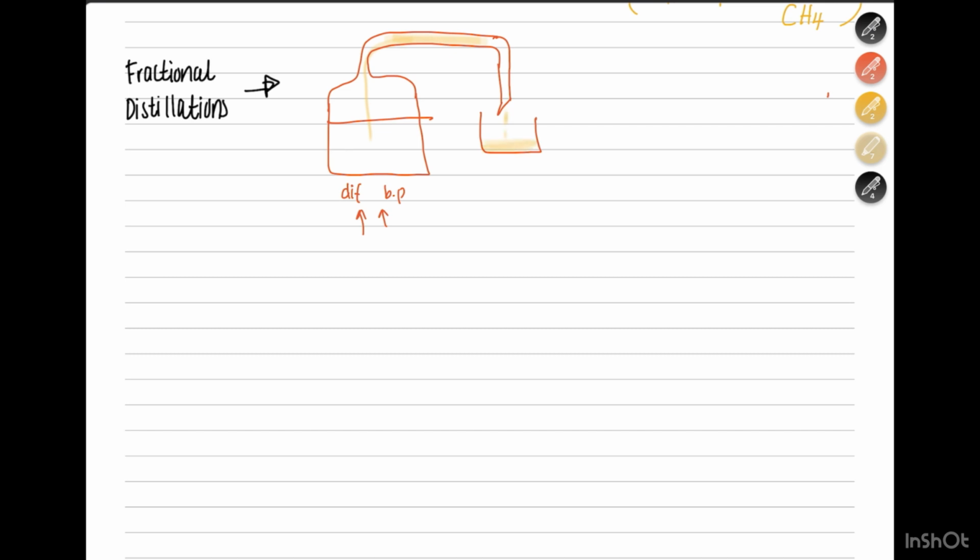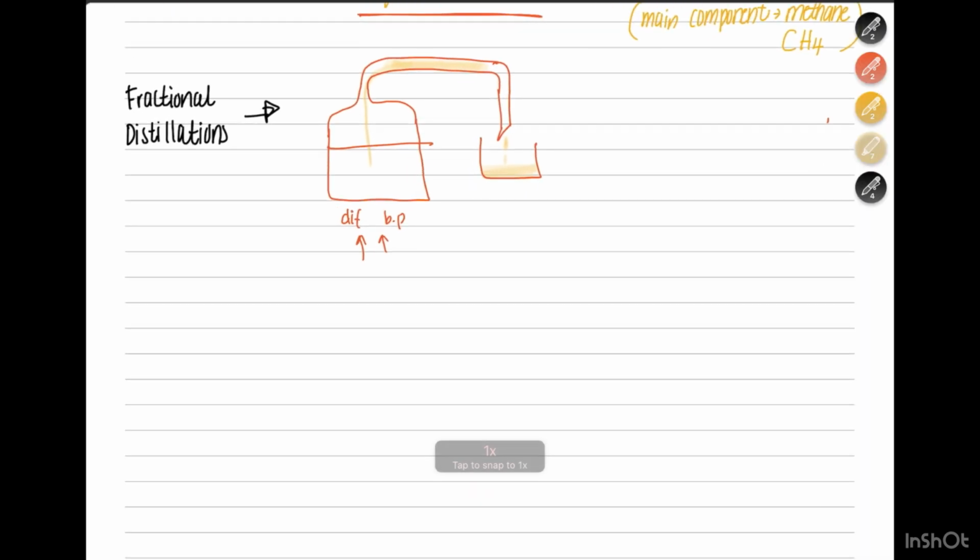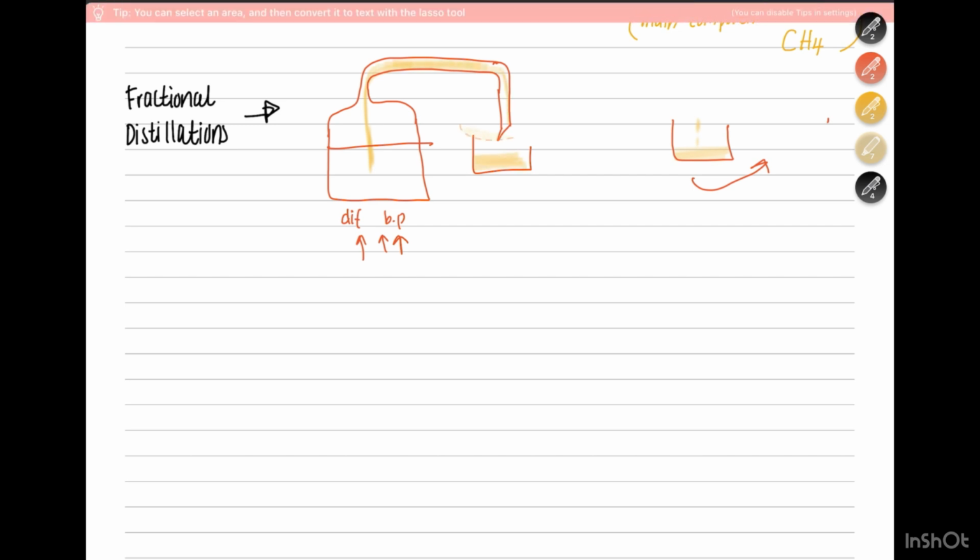Then when all of this liquid has boiled and condensed, it stops, so it can be separated, and then this is taken away. Then the heat is increased again. Now another liquid, which has a higher boiling point, evaporates, comes here and is separated again. This process is continued until all of the liquid has separated into different components.